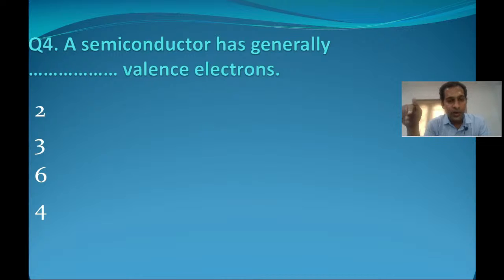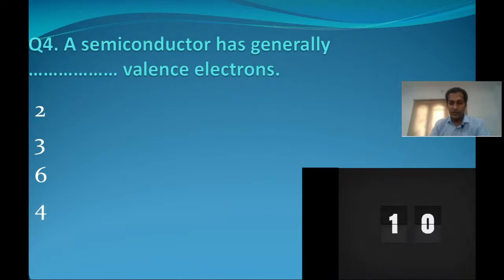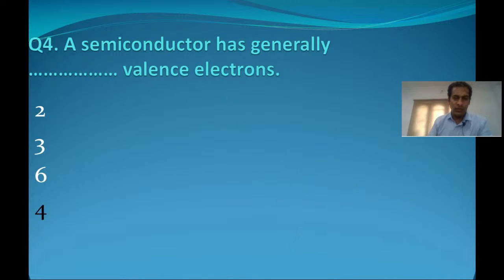So what is that particular valence electron number for a semiconductor? Either it is silicon or germanium, both of them have the same. So your timer starts now. For this question we can give less time. So your time ends now. The answer is 4. 4 is the valence electron number for silicon as well as germanium.